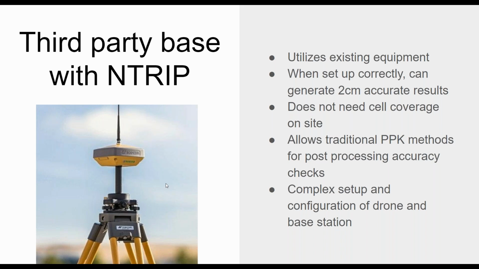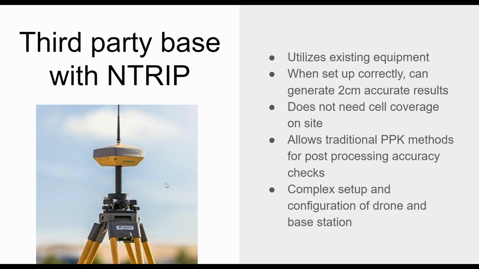Not only do you have to configure the base station to connect to the NTRIP network live, you have to configure it so it broadcasts the correction stream so that the aircraft can read it and make sure that you're in the same datum. So like I said, every base station will be different for this procedure, and it takes a deep technological understanding of the base station that you're using and your NTRIP network.